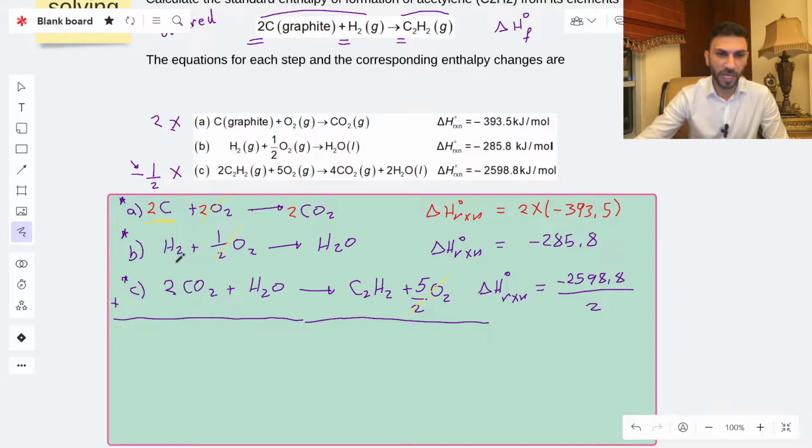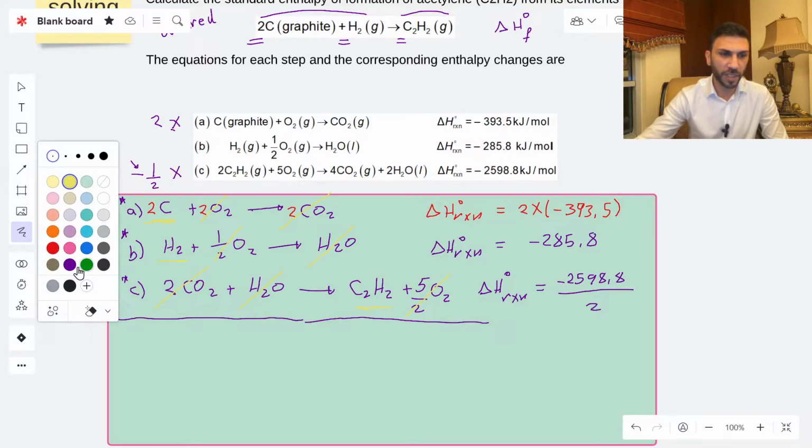I have H2 and I don't have any other H2, so I'm going to write it as it is. I have 2 CO2 in the reactants and 2 CO2 in the products, so I'm going to cancel them. I have one H2O on each side, so I'm going to cancel it. I only have C2H2 in the products, so I'm going to write it as it is.